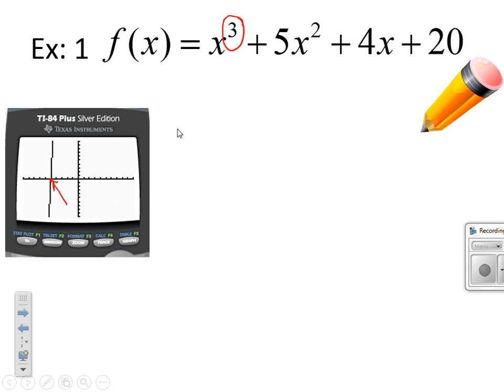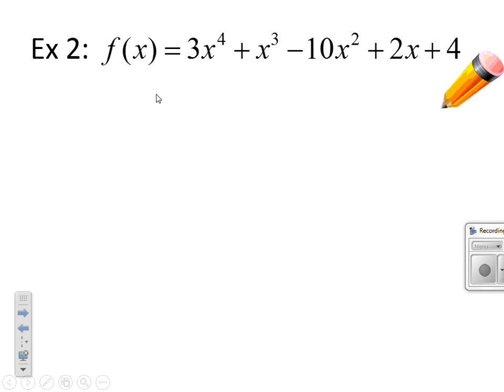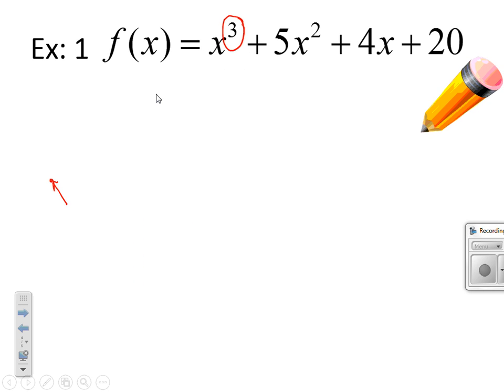But what we can do is we can take the one solution we know, which is -5, and we can go ahead and find all the other solutions by using synthetic division. So I'm going to set this up as 1, 5, 4, 20.